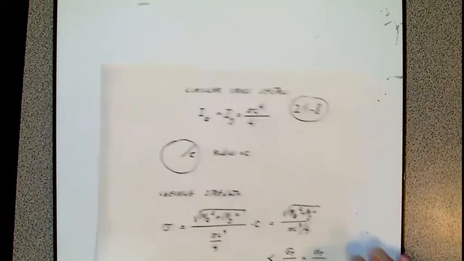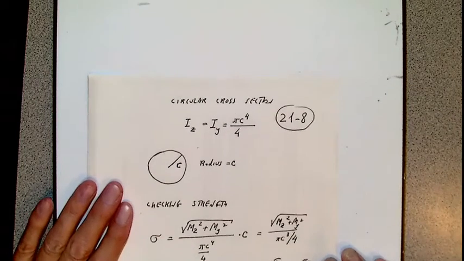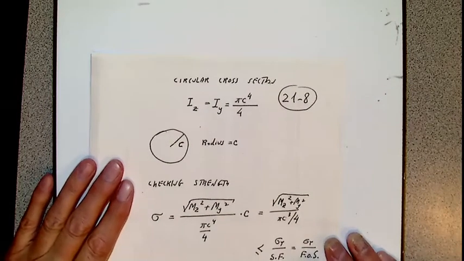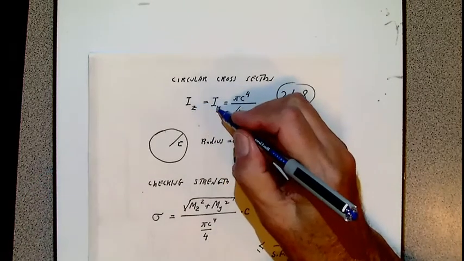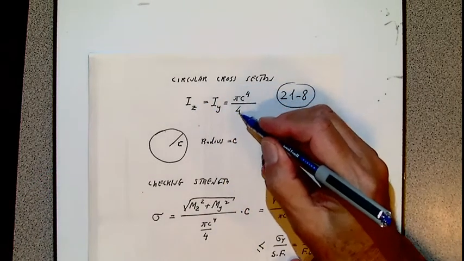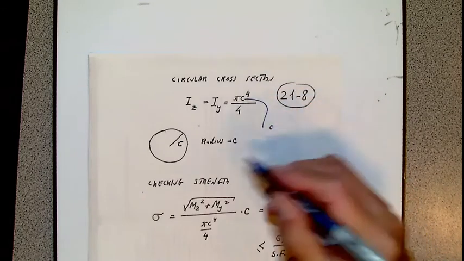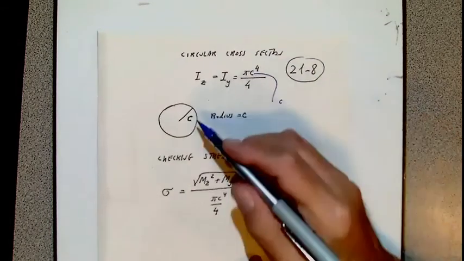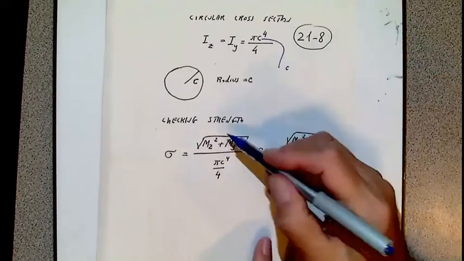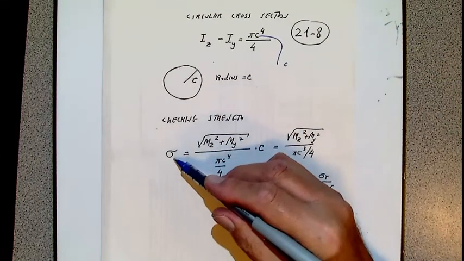If you have no questions, then if I have a circular cross-section, Iz equals Iy equals pi c to the fourth power over 4, where c is the radius. So we want to check strength. How much is the strength? Sigma.